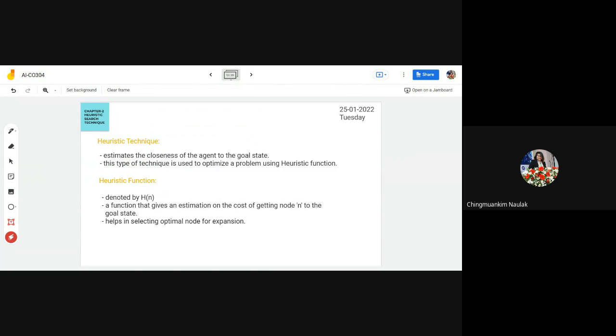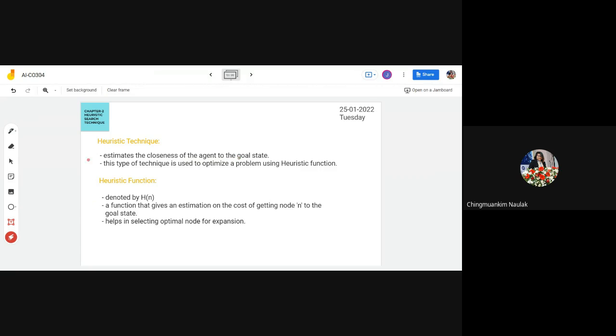As I have said, heuristic search is the estimation of how close the agent is from the goal, by taking the current state of the agent as input. Or you can say heuristic search estimates the closeness of the agent to the goal state.